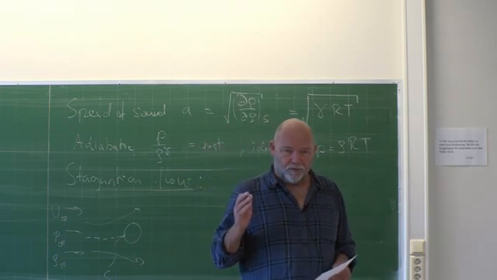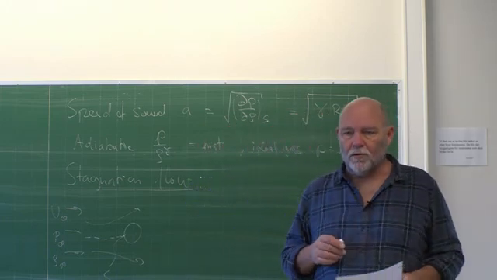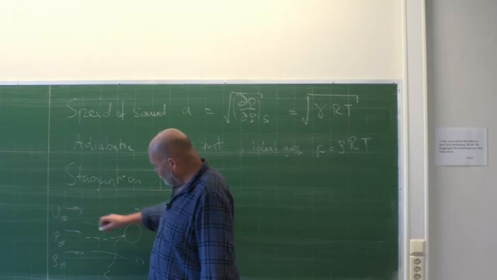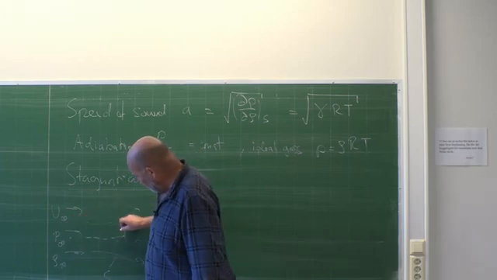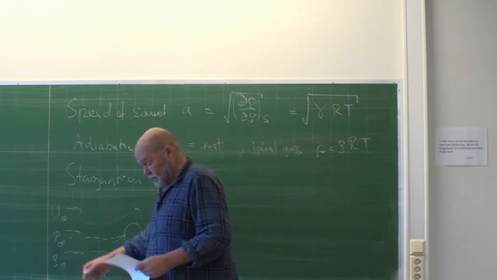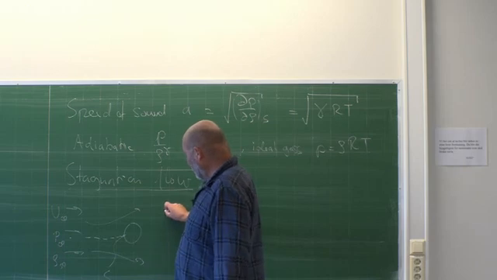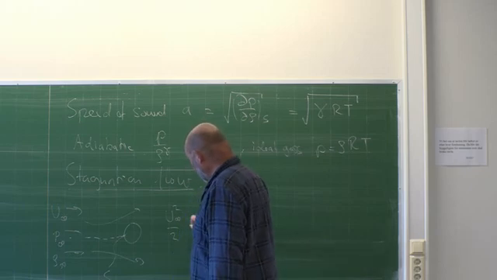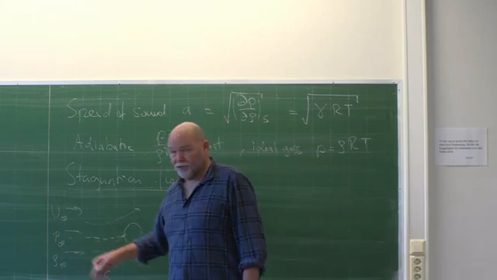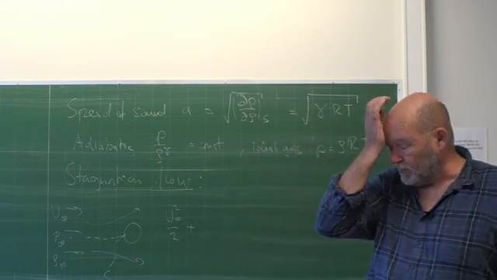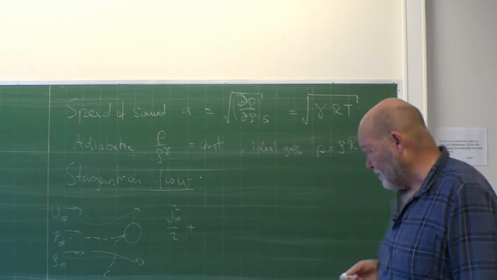But we have to use a compressible version of the Bernoulli. So what will it be? If you look at this streamline going from here to here, then the situation over here, you will have the velocity squared half, and then comes the pressure terms. Normally we will write that one for an incompressible flow, that's just pressure over density.